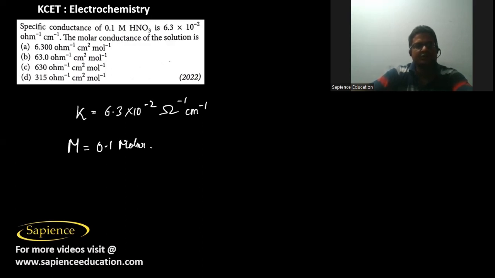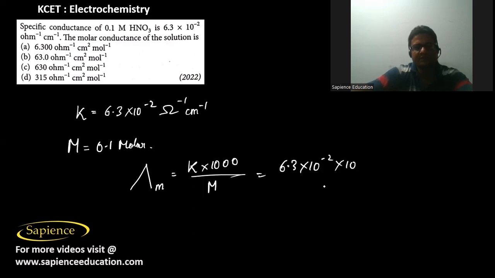So the molar conductivity lambda m equals the specific conductance into 1000 divided by M, the molarity. So this will be 6.3 into 10 power minus 2 into 10 power 3 divided by 0.1, so 10 power minus 1.